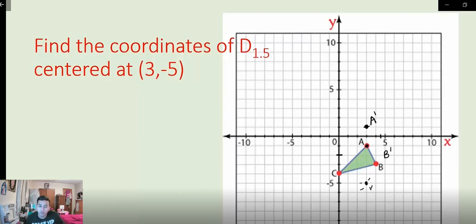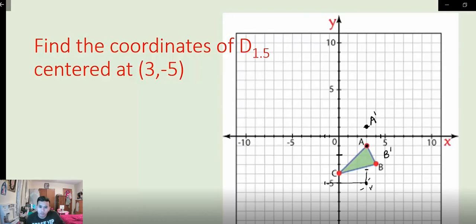The point there. Right. And C, we have horizontally 1, 2, 3 units away from the center of dilation. So multiply that by 1.5. And then the vertical distance would be 1 unit, so 1.5.